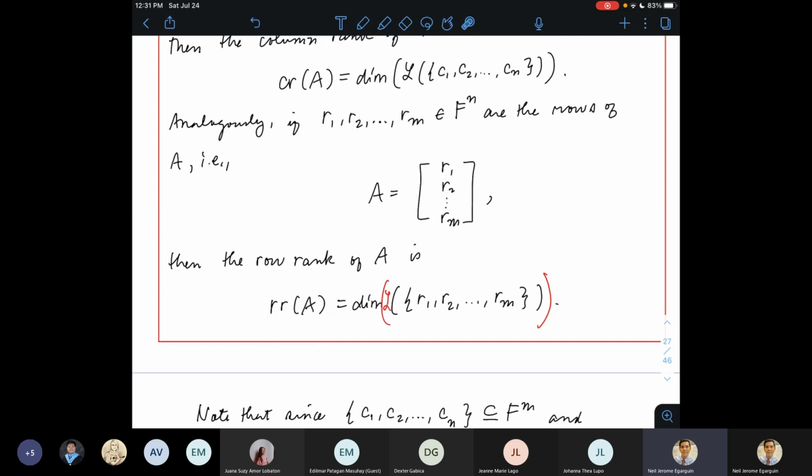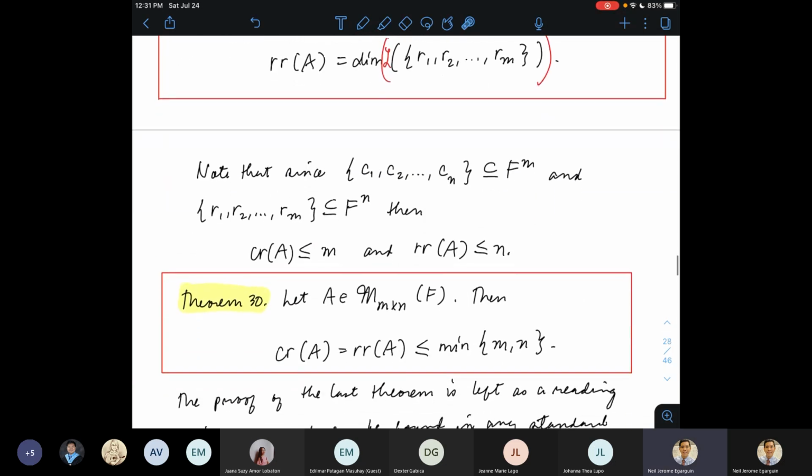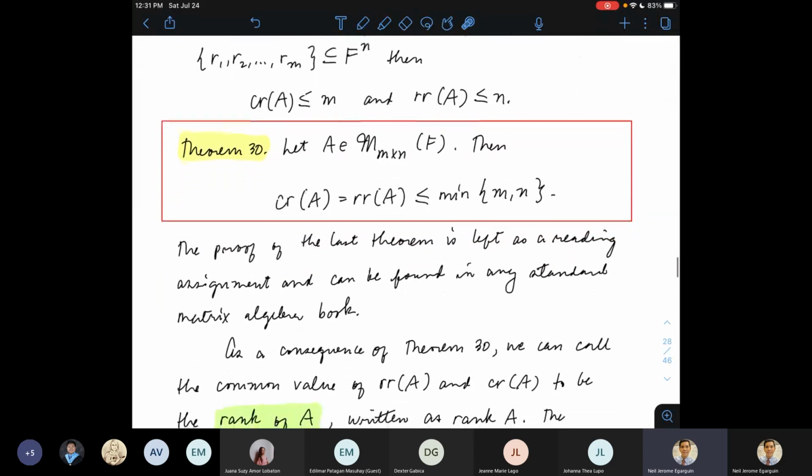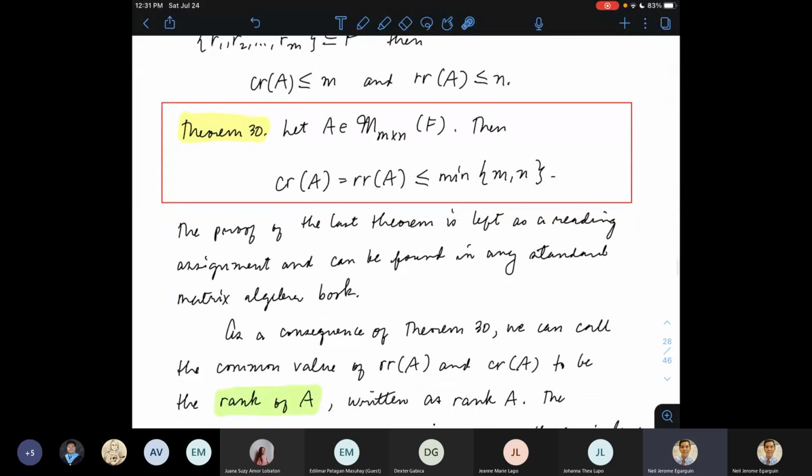So equivalently, the row rank is the number of linearly independent rows of the matrix. And I think that's what I mentioned here. Okay. And then theorem 30 is an important result from linear algebra.